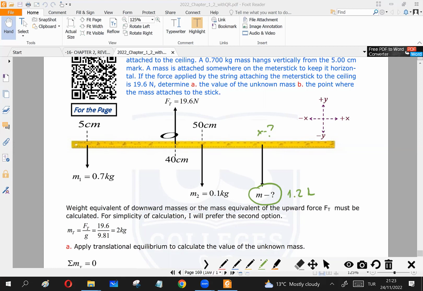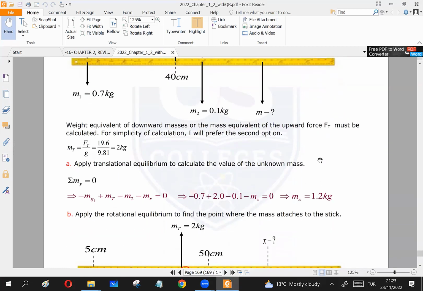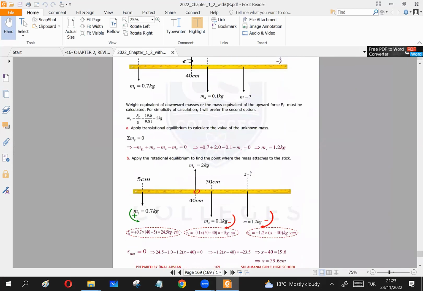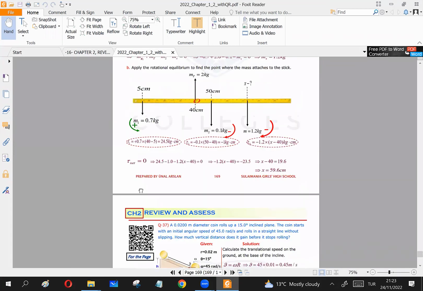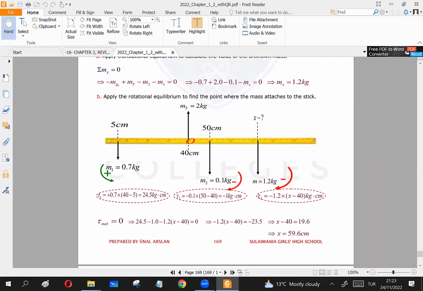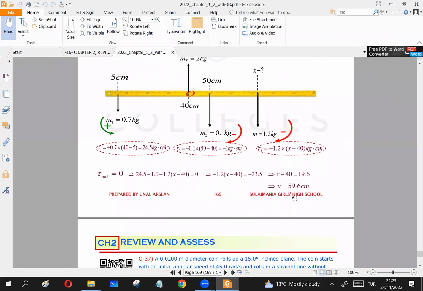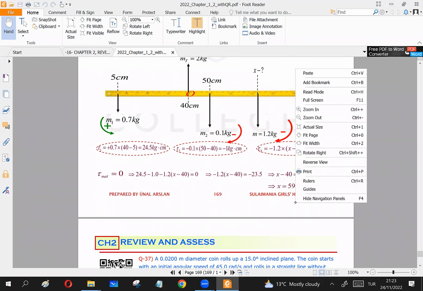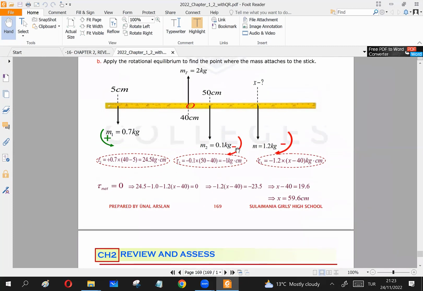So for part B, I applied rotational equilibrium. How? I know all the forces now, all the masses and forces. In the upward direction, there is a force which is equal to 2 kilogram mass. In the downward direction, two are given in the question, one of them I calculated.